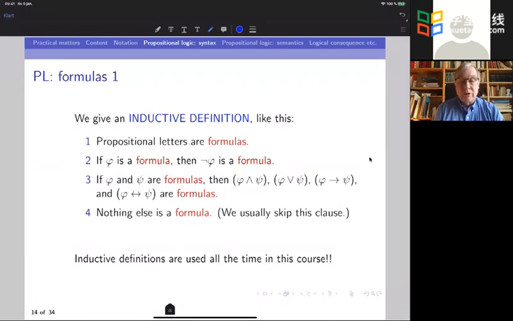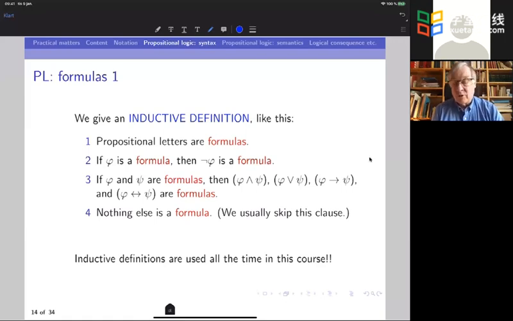The third clause says that if you have two formulas, phi and psi, and you write a conjunction sign between them and then parentheses around the whole thing, you get a new formula, phi and psi. And similarly for phi or psi, phi implies psi, or phi if and only if psi, these are all formulas. And the fourth clause says that nothing else is a formula.